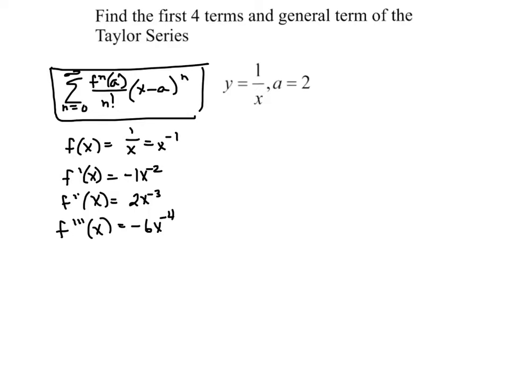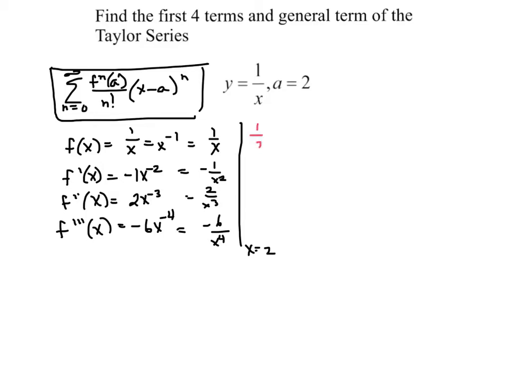Okay. Let's simplify these a little bit. Let's put them into fractions. So 1 over x, negative 1 over x squared, 2 over x cubed, negative 6 over x to the fourth. So we're going to have an alternating series here. Now we're going to evaluate these at 2.